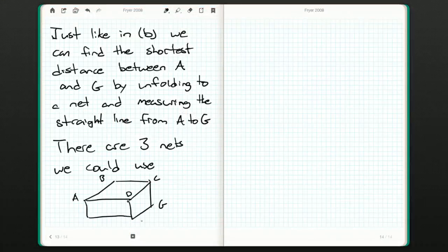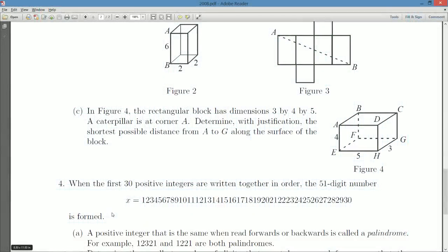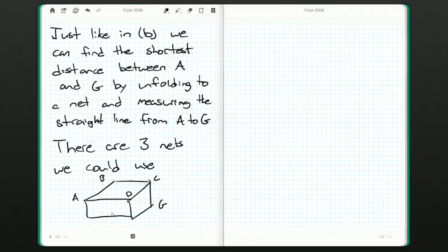E, F, well, maybe I'm wrong. E, F, G, H, okay. Oh, sorry, that's 3, not 5. We have 4 top and 4 on the side and 5 on the bottom.